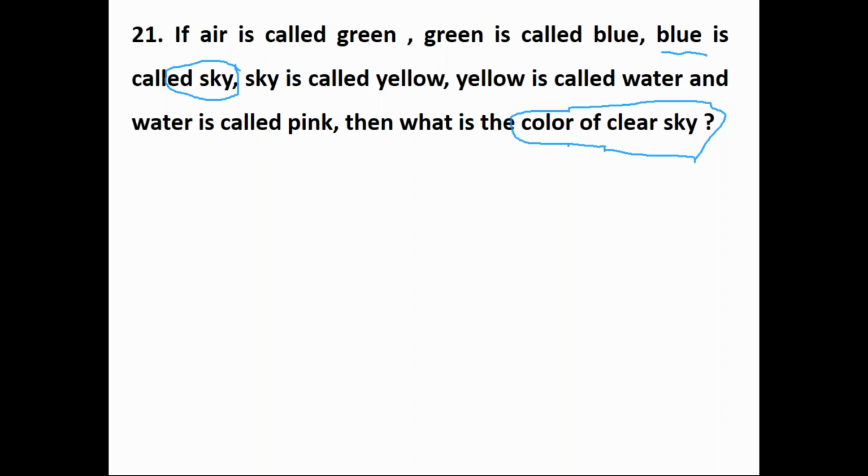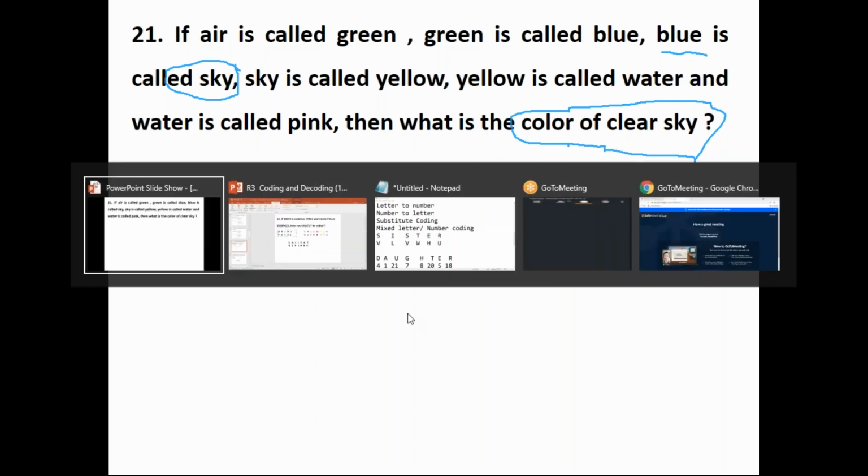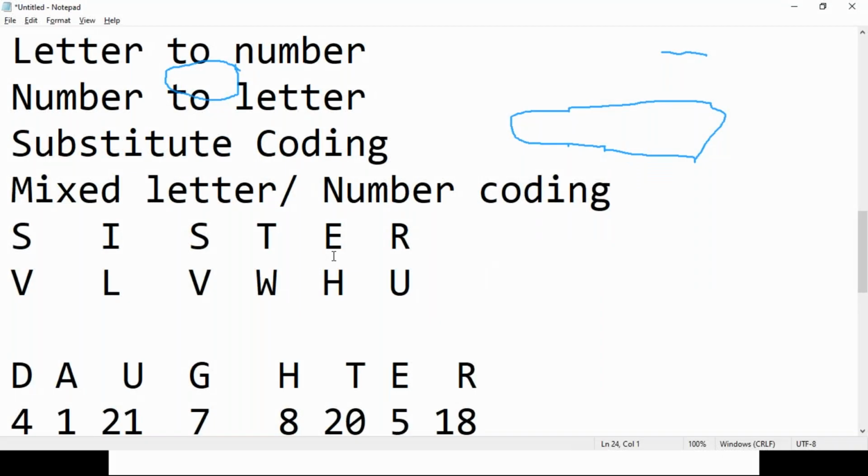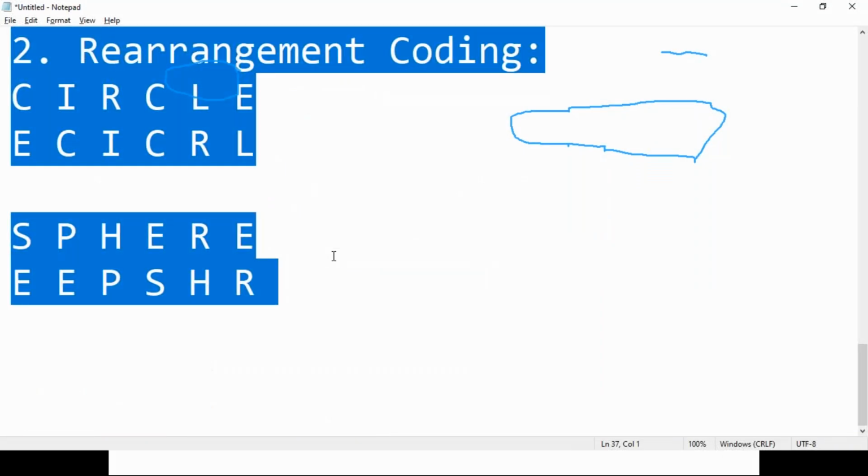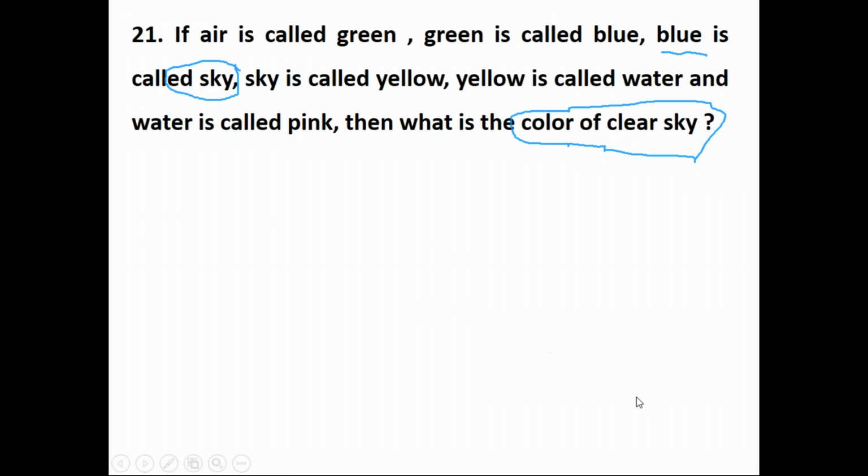No, sir. Okay. Hope this is a very easy topic. Along with series, analogy and classification, I want to go with this topic also.